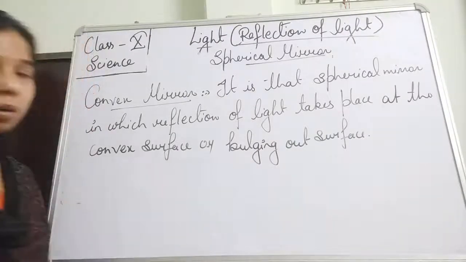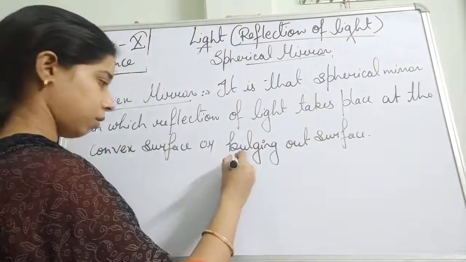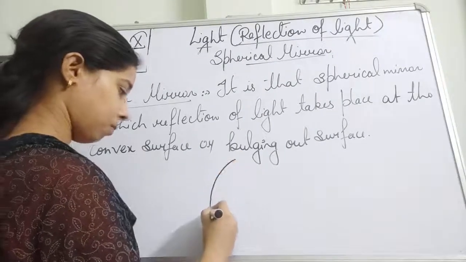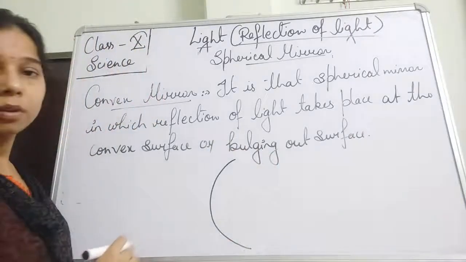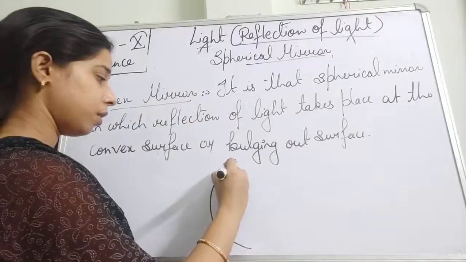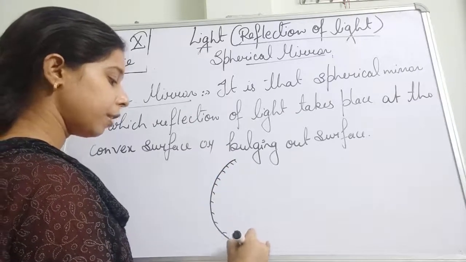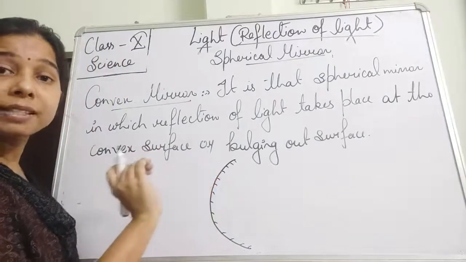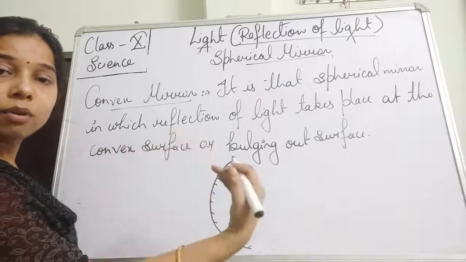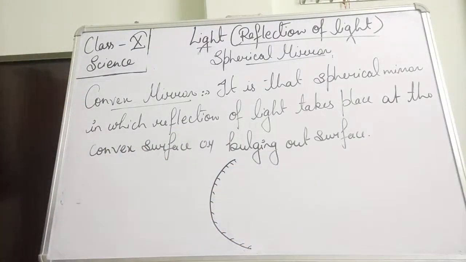So what kind of surface will it be, students? This will be the polished surface. Which will be the reflecting surface? This will be the reflecting portion, which bulges out. There it was bent in, here it bulges out.